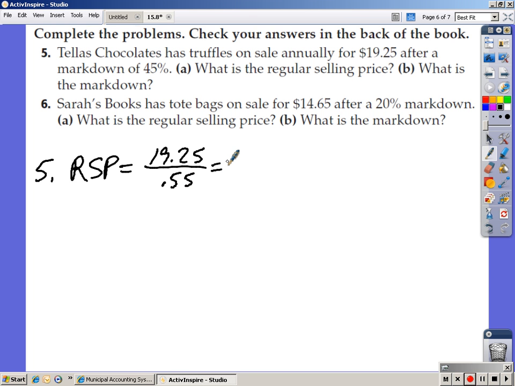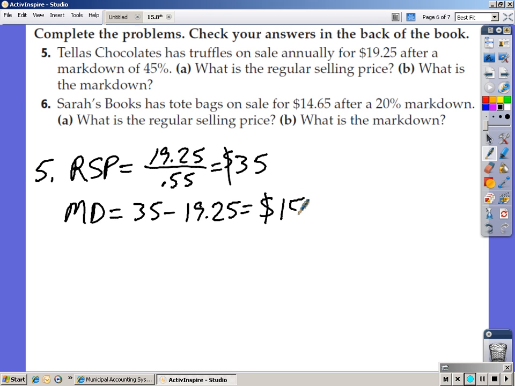Okay, so 19.25 divided by 0.55 is $35. All right, that's our regular selling price. Now, to find the markdown, we take 35 minus 19.25. And you get $15.75.